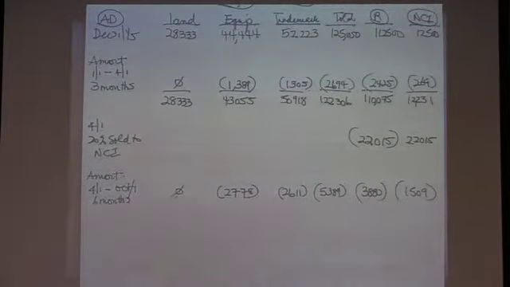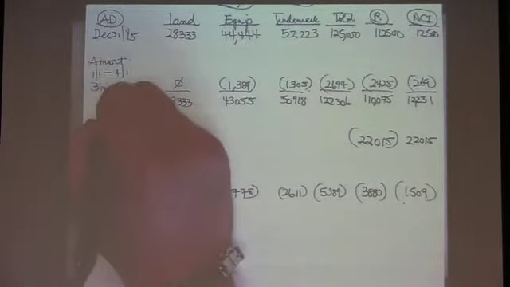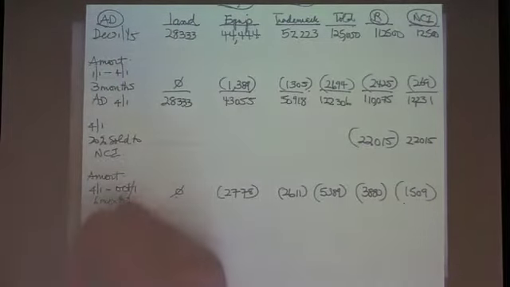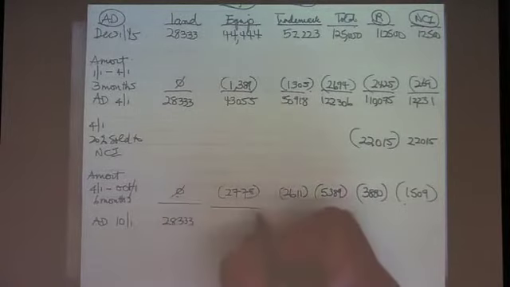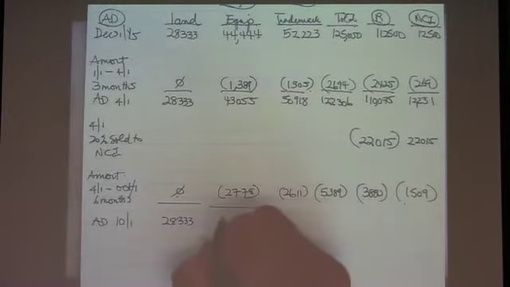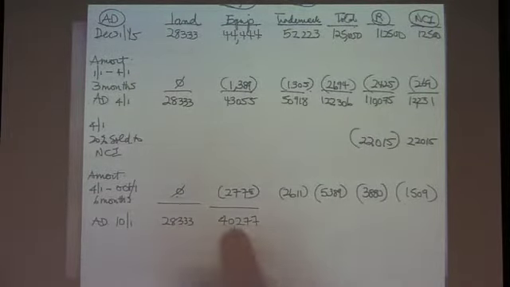Okay, so now we need to know the balance. This is the AD as of 4/1, so we need to know the AD as of October 1. Just 40,000.